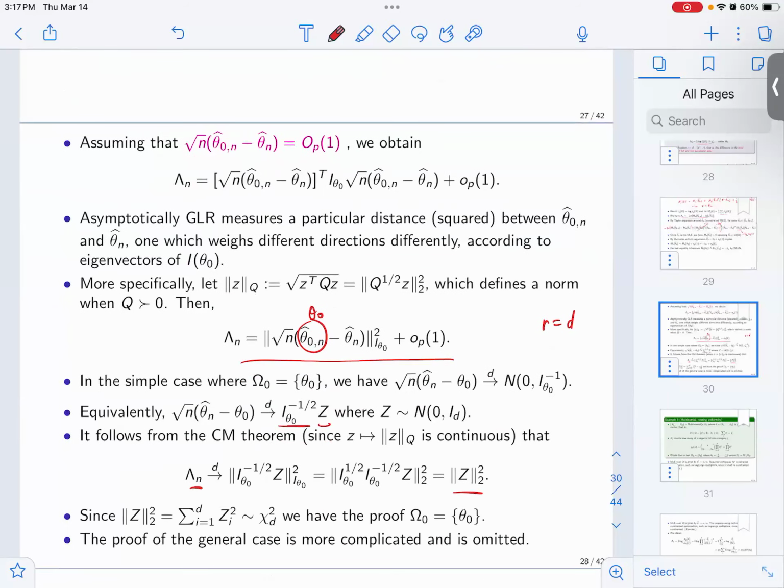This expansion says that this equation is measuring some sort of distance between these two elements with a particular metric, which is defined by the Fisher information. So it has a lot of statistical interpretation, which unfortunately we can't go into, but it's a very nice proof to go through as an exercise for yourself.